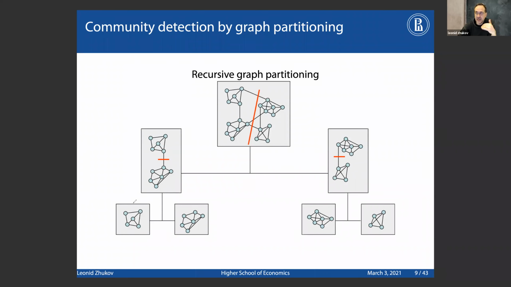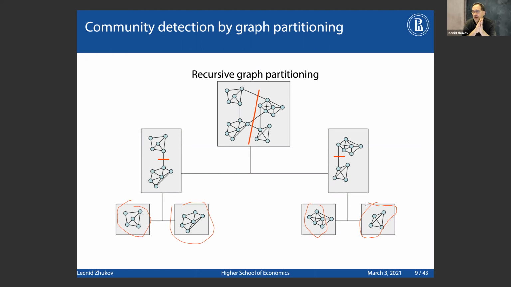We can stop cutting, for example, when either modularity or density of those pieces becomes pretty high. And then as a result, you get the split of the graph into communities, right? So recursive graph partitioning is a way to do community detection.